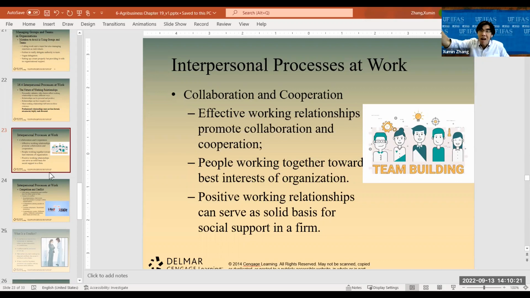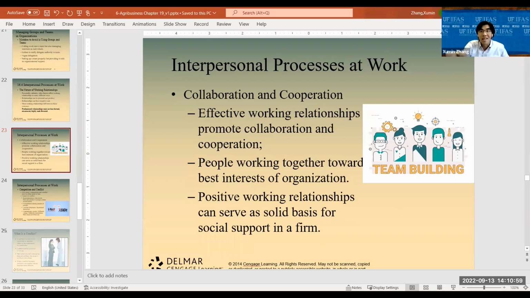This is the target. We work together, we have a good relationship, and we can work towards the interest of the organization and the goals. We are an effective team, working productively, with a very positive and friendly relationship.